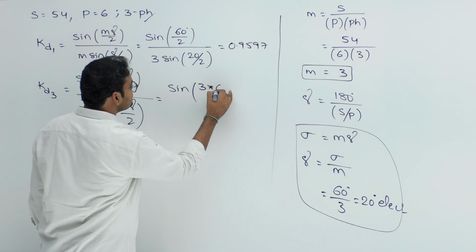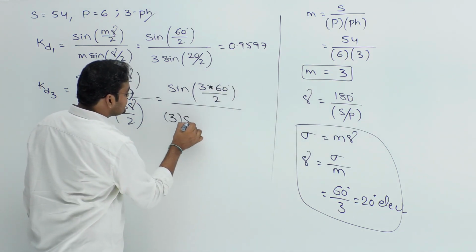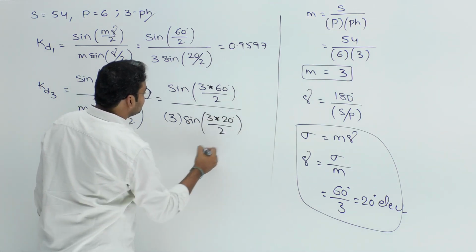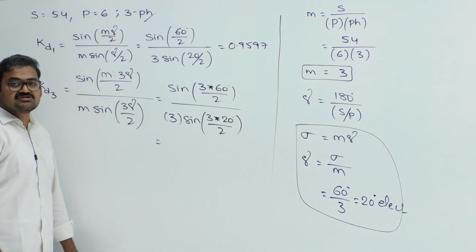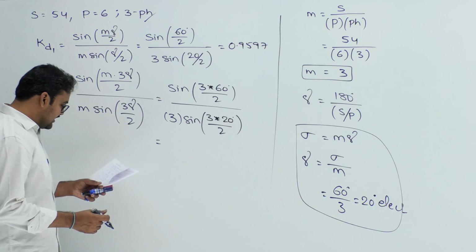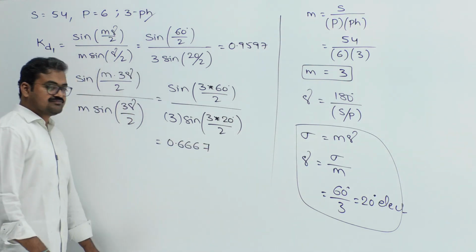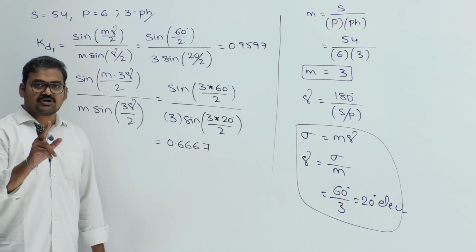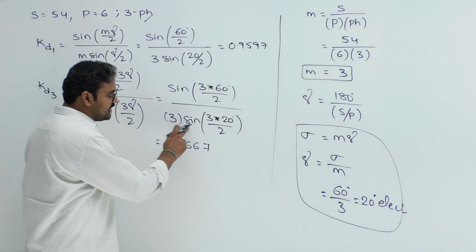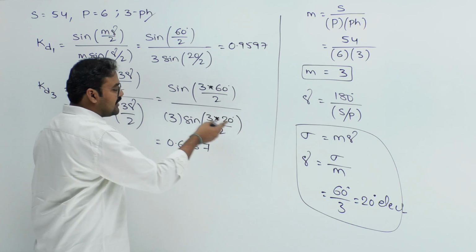That is 3 into 60 degrees by 2 divided by m sin 3 gamma, that is 3 into 20 degrees by 2. Use a calculator, you will get the distribution factor for the third harmonic component. The answer will be 0.6667. Okay, always use a GATE calculator. You should have good practice. Always try to calculate the denominator first, note it down separately, and then divide the numerator by it.